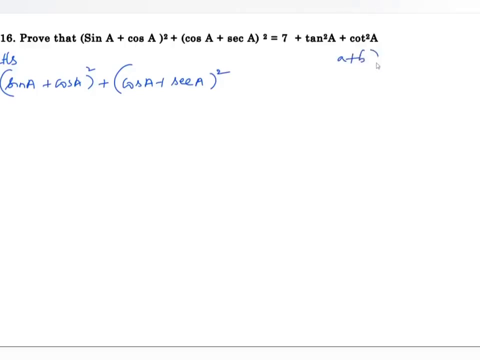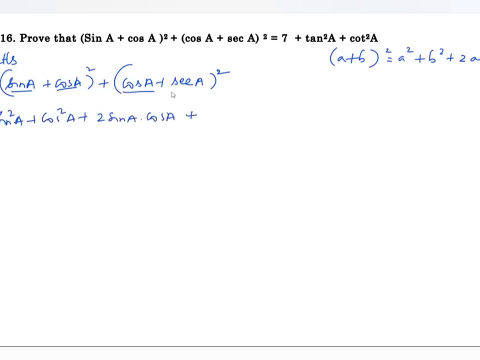What is (A plus B) whole square? A square plus B square plus 2AB. In place of A, what do I have? Sin A, B is cosecant A. I'll apply the formula: sin square A plus cosecant square A plus 2 sin A into cosecant A.